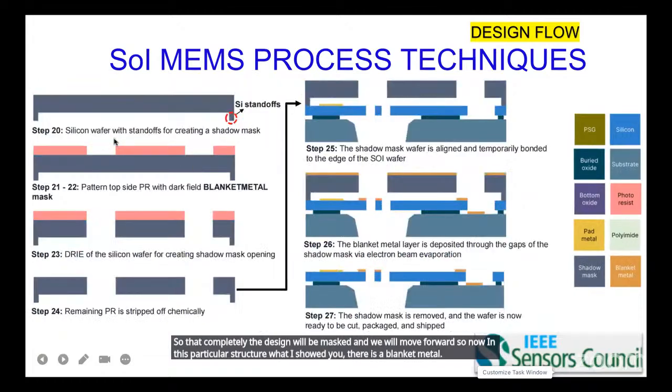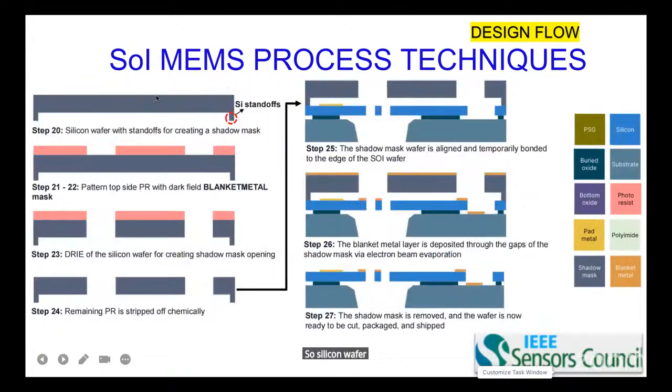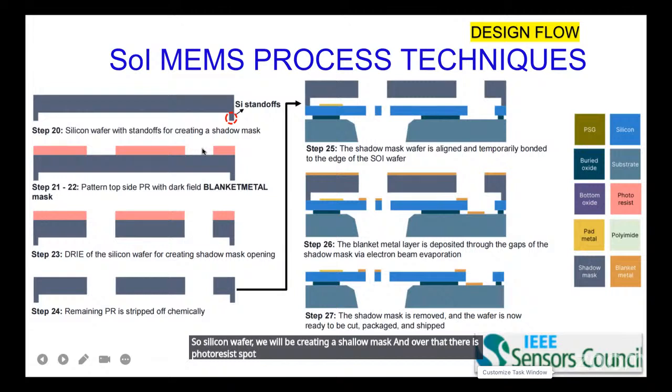So on the silicon wafer, we will be creating a shallow mask, and over that photoresist is coated. The shallow mask will be placed on the structure.